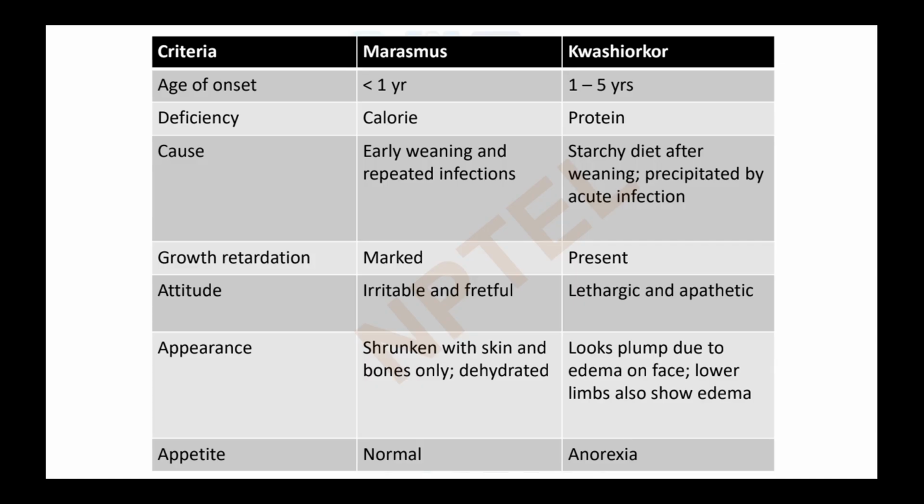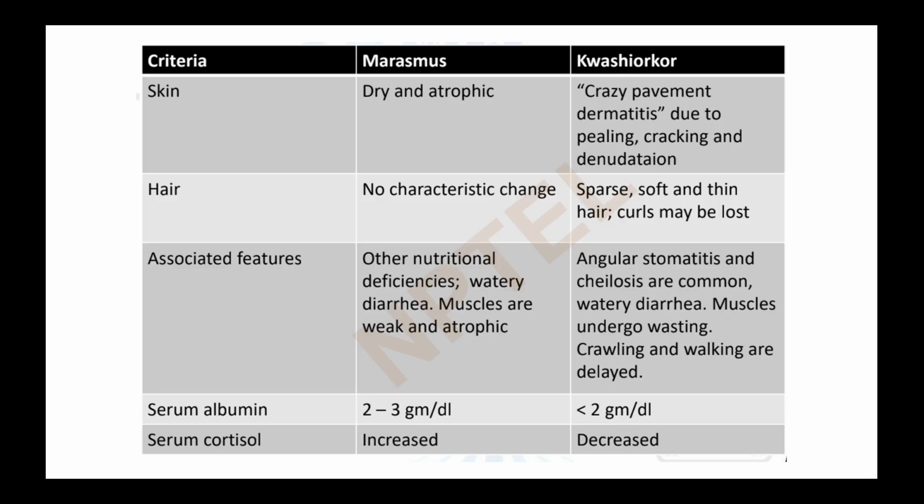The appetite in marasmus is normal, but in kwashiorkor the person becomes anorexic, where they feel full and cannot eat more. The skin looks dry and atrophic in marasmus.